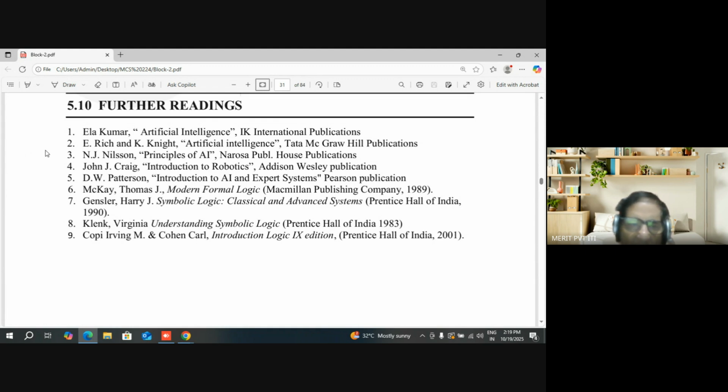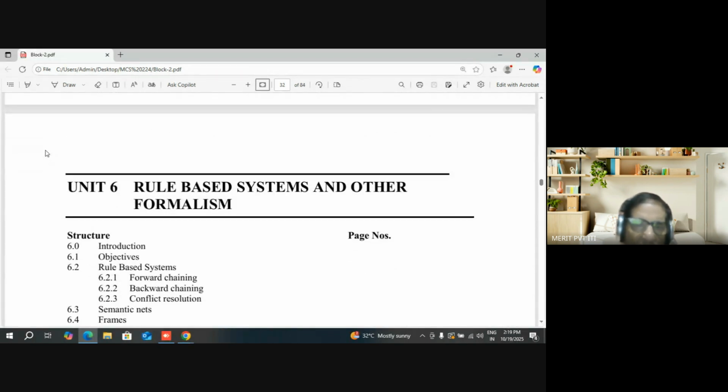But Patterson's book has come, and then there's a book, Irving and Carl's Introduction to Logic, 9th edition. But I have not read it. But this book, Rich and Knight, was published in '93. That was also, she has done good work on this.